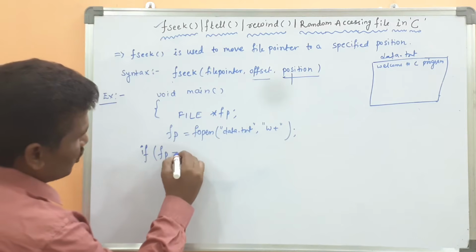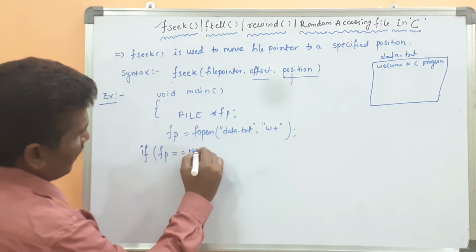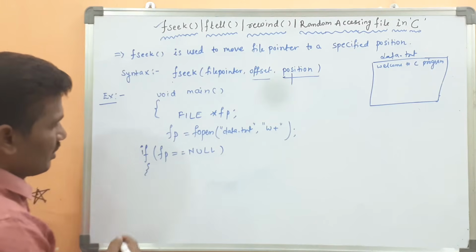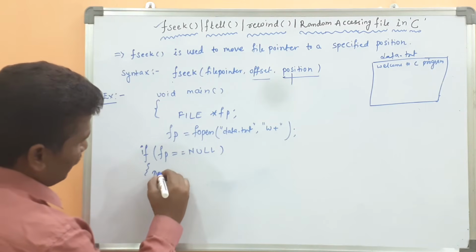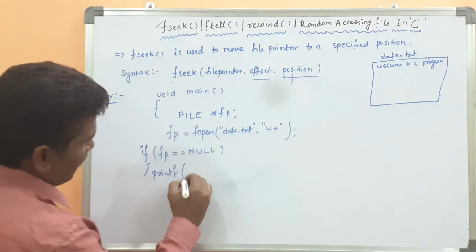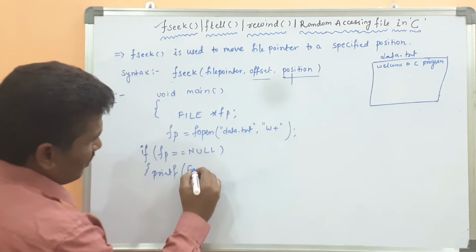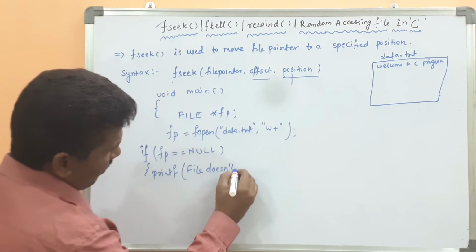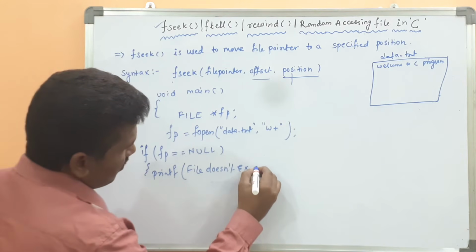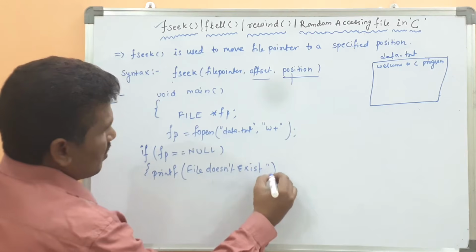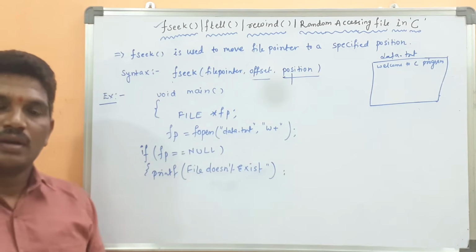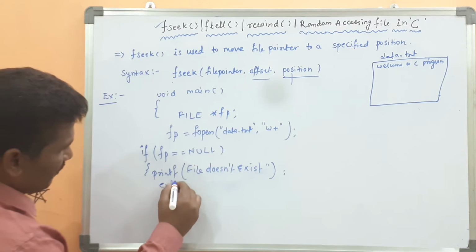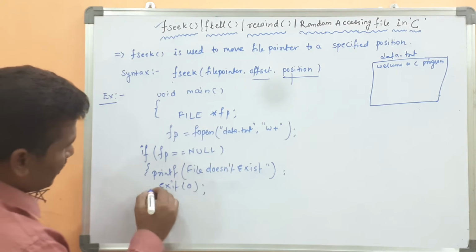If the file does not exist, which returns null, then printf file does not exist, or file has not opened. Then exit 0. After that, the program will be terminated.